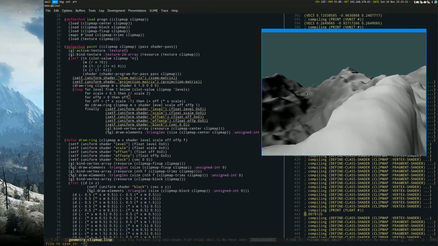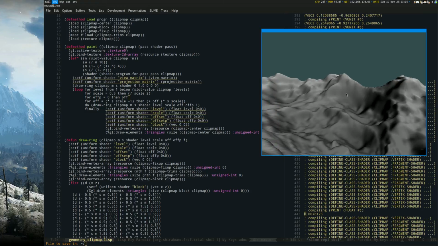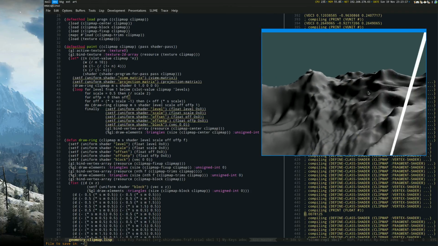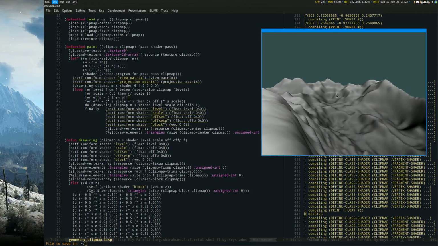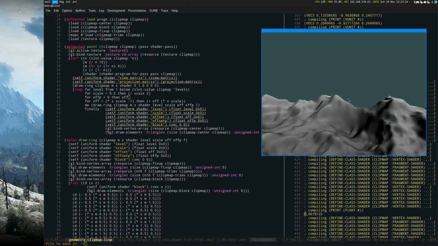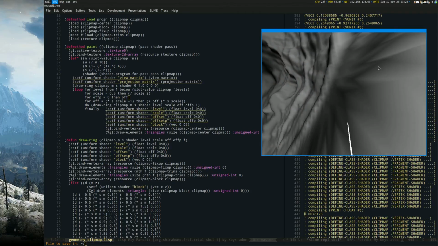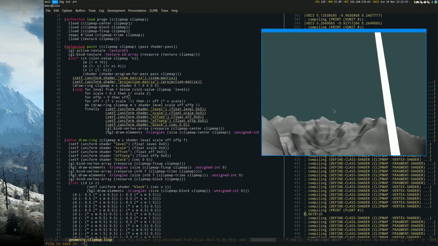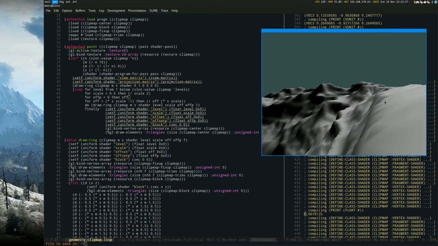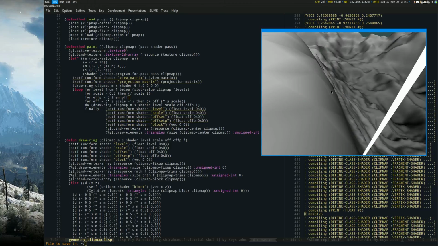Looks really terrible with the hard edges everywhere. Oh yeah, okay. Hurrah.